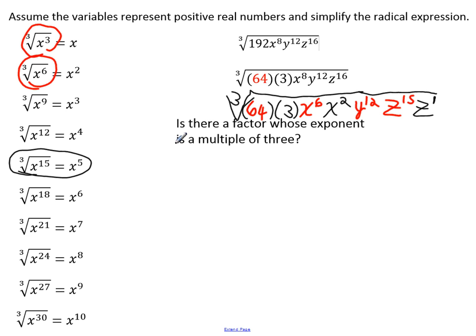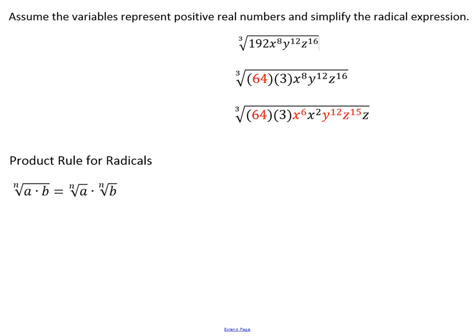Let's go ahead then and look at the next thing. Next thing we want to look at is the product rule for radicals. Now, what the product rule for radicals does is it allows us to break this radical up into as many factors as we need to.